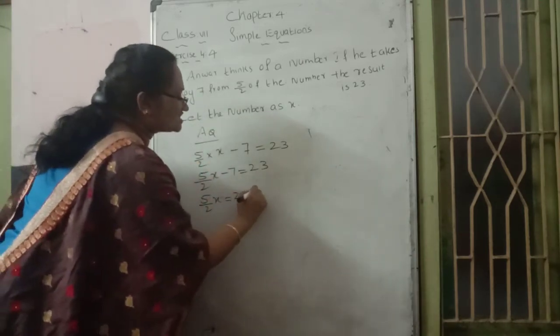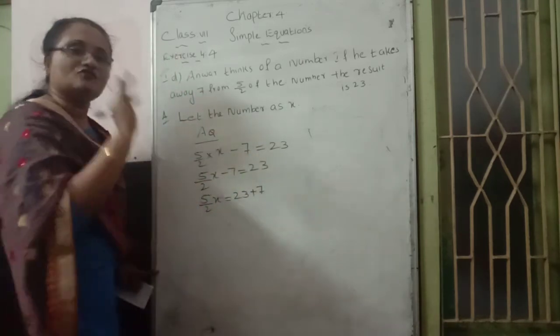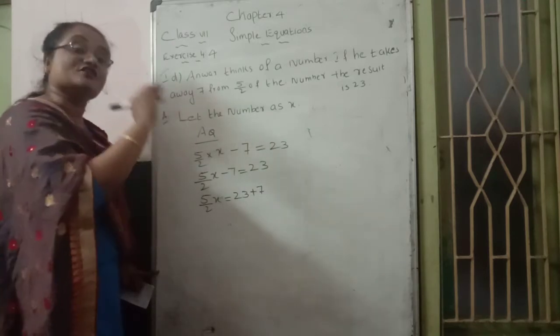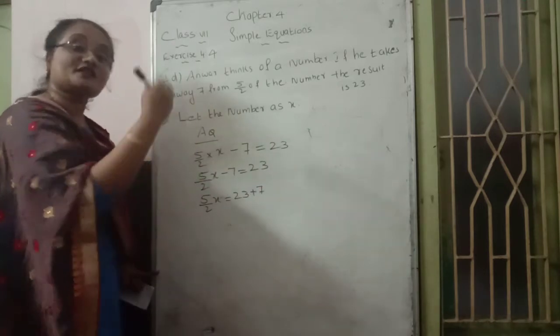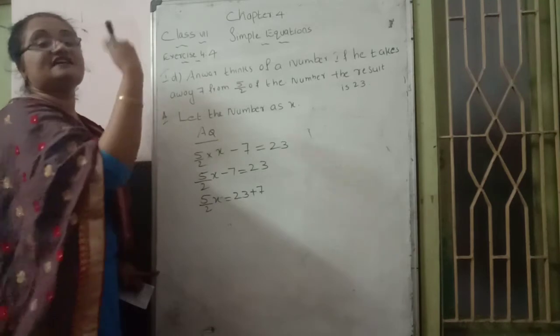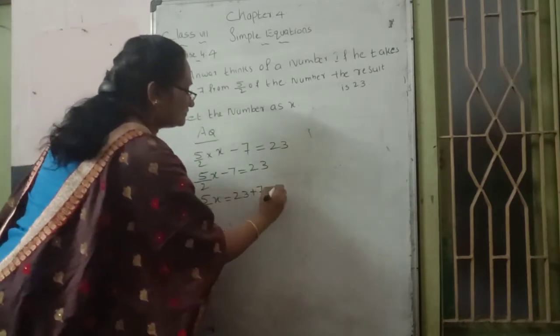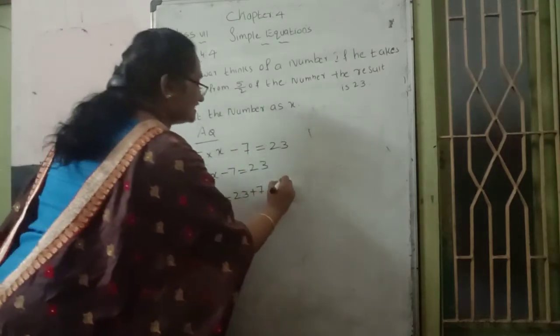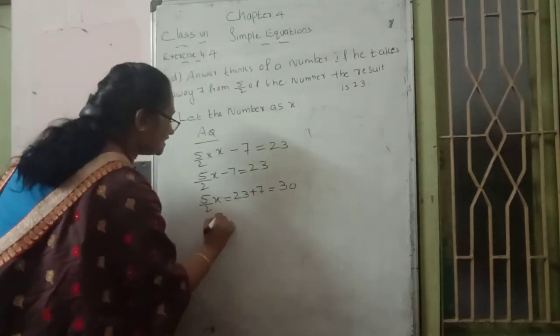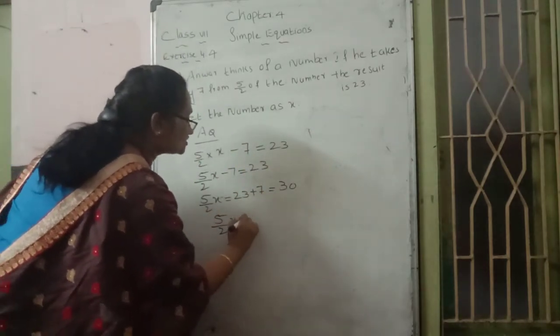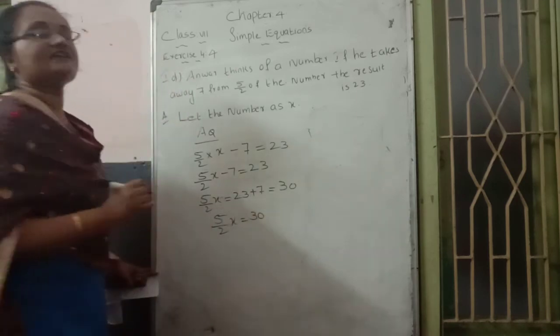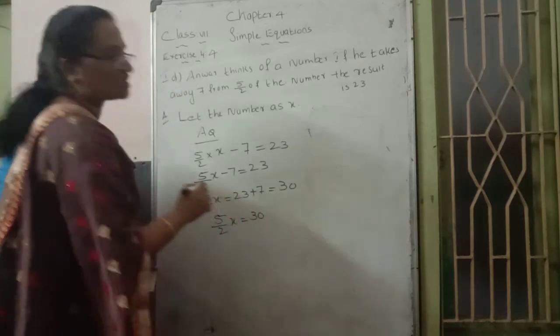So 23 is added with 7. First write the right side number, and afterwards the opposite side number. Then 23 plus 7 comes to be how much? 30 will come there. So 5 by 2 x is equal to how much? 30 is the answer.